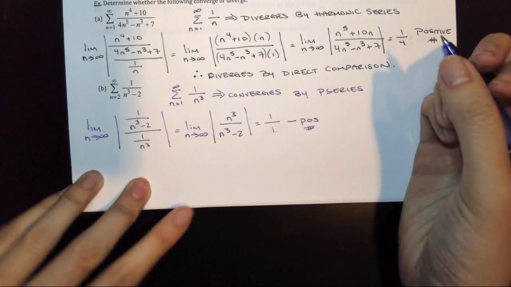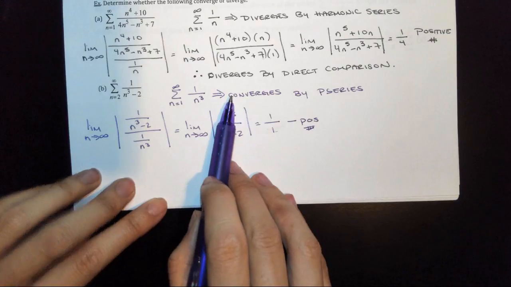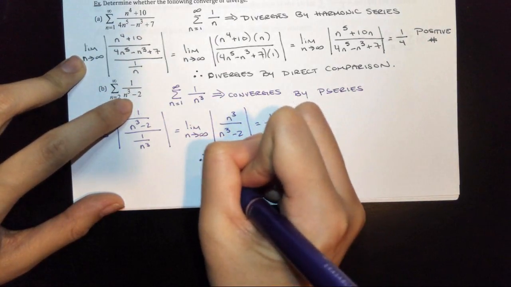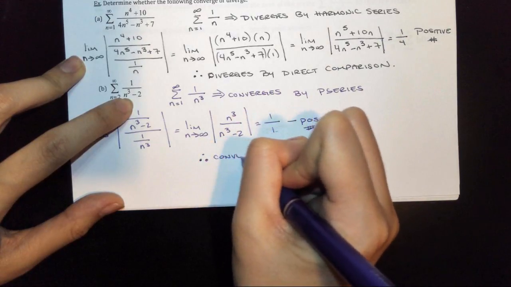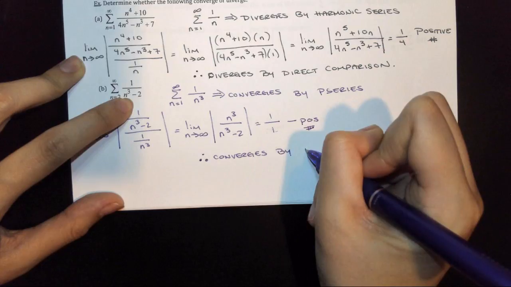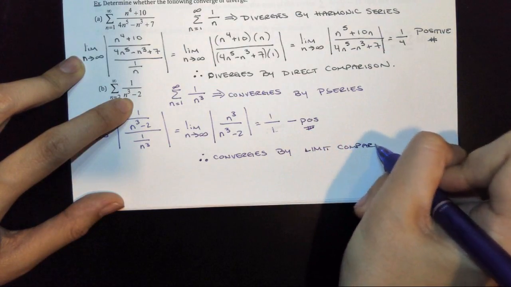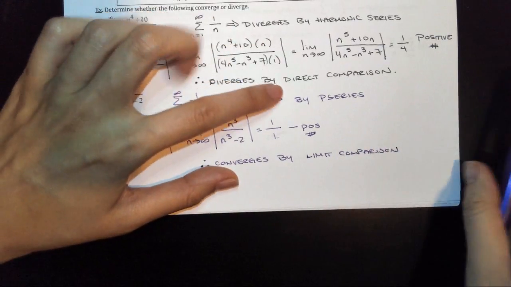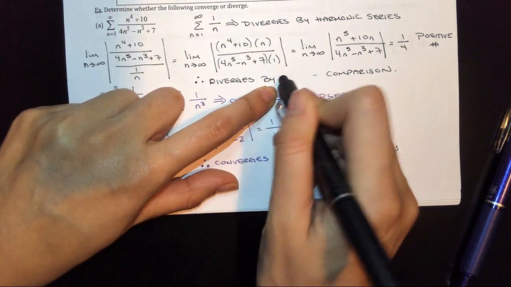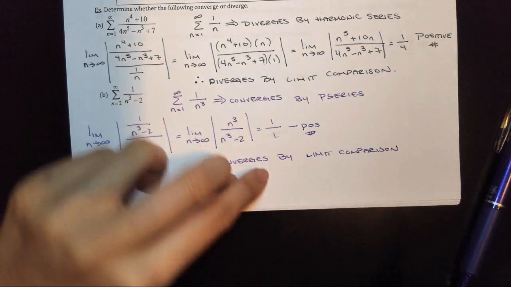So it's a positive number. If this equals a positive number, then whatever this one does, this one will do. This one converged, therefore this one is going to converge. And sorry, I just noticed I made a mistake. This should not say direct comparison. This should say limit comparison.